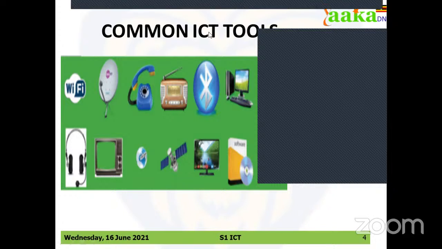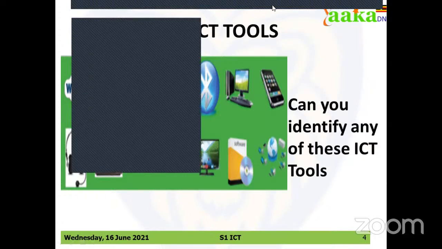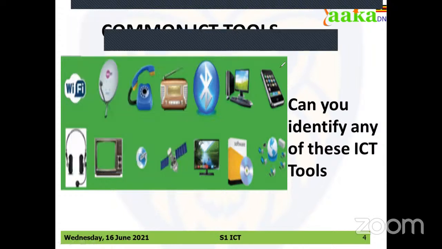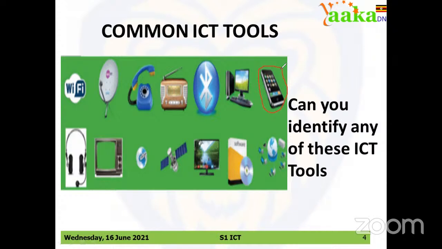A phone, and then you are extracting the word ICT from it. For example, we have a phone here. What is the ICT in that phone? For example, if you are sending a message to a friend.